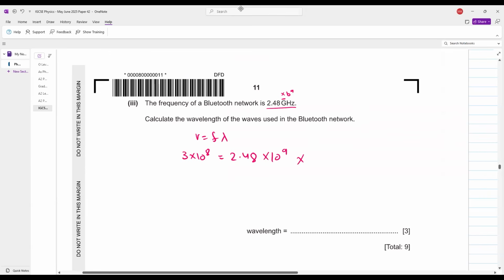Can you calculate the wavelength lambda? हाँ जी बिल्कुल. 3 into 10 raised to the power of 8 divided by 2.48 into 10 raised to the power of 9 gives you your wavelength. Wavelength की वैल्यू क्या आती है बेटा? Can you calculate the wavelength की वैल्यू?